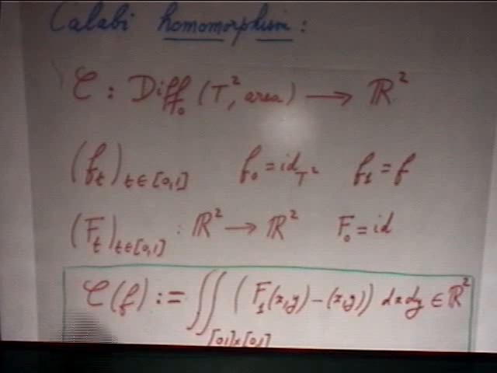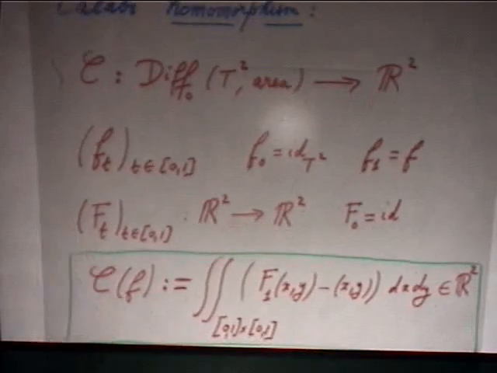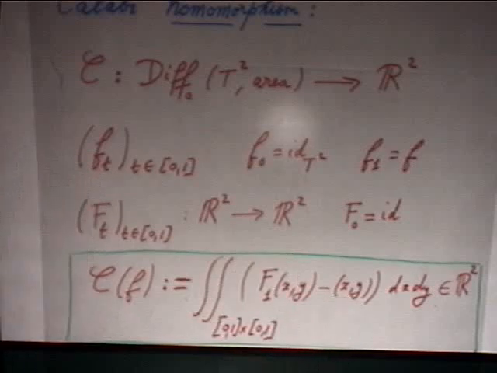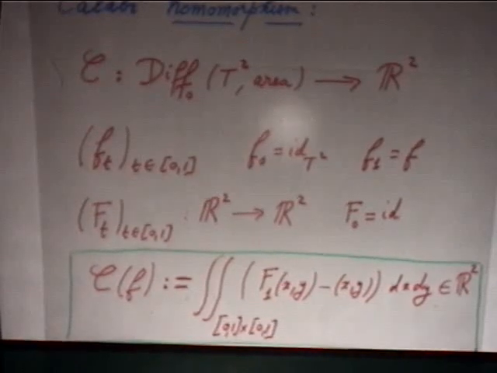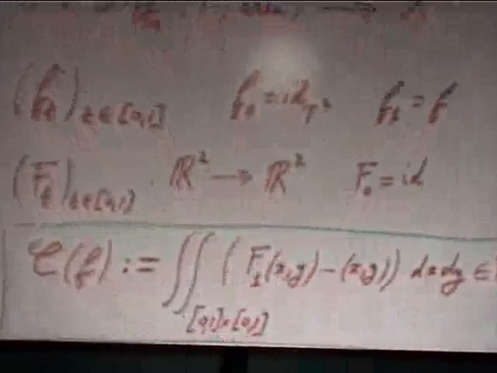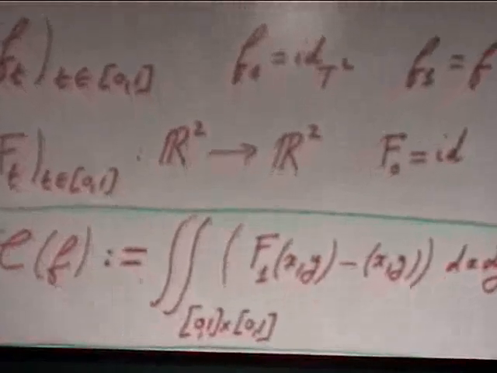And then what you do is that you take the average value of the motion of F. So you compute F1 of xy minus xy. So this is the vector in R2, which tells you in which direction the point has been moved. And you take the average value over this fundamental domain of this quantity.